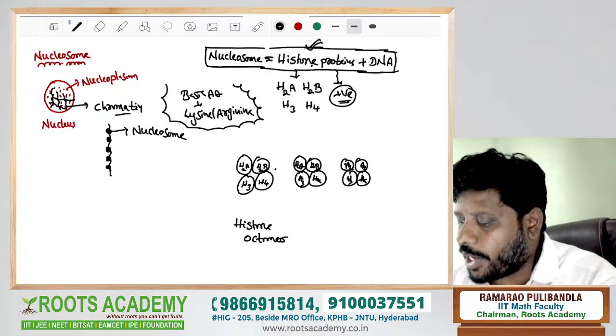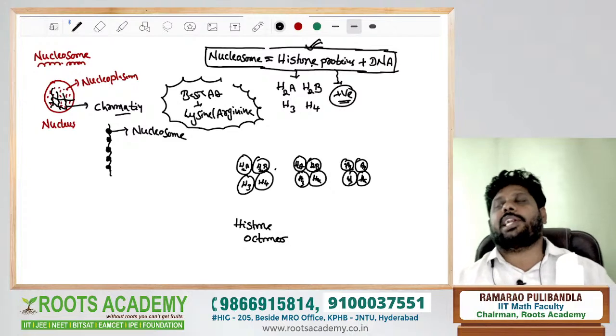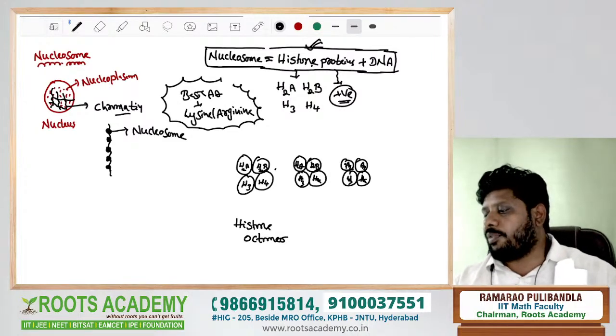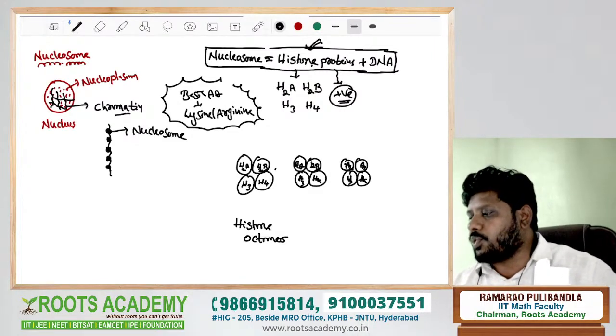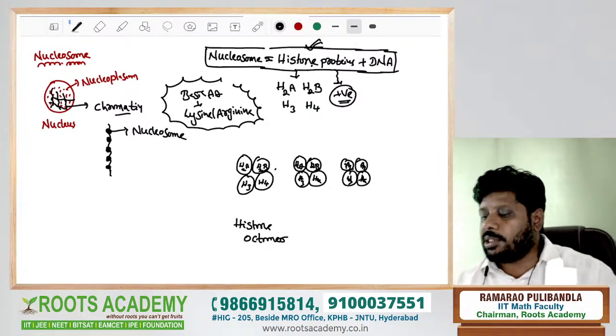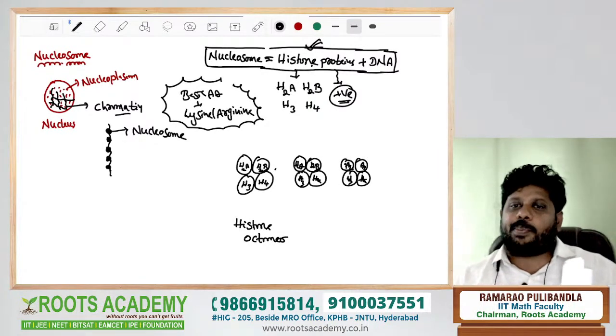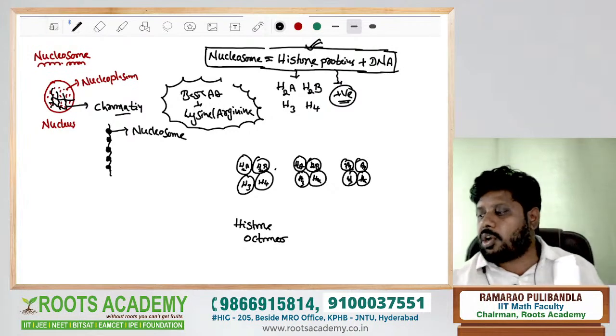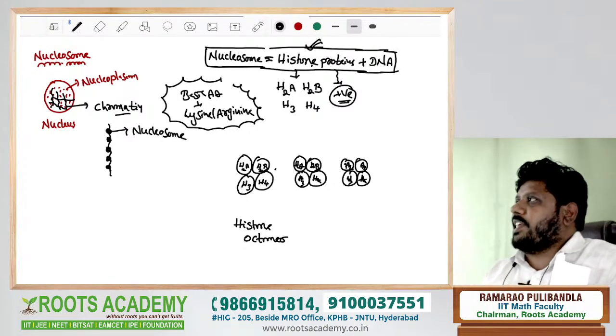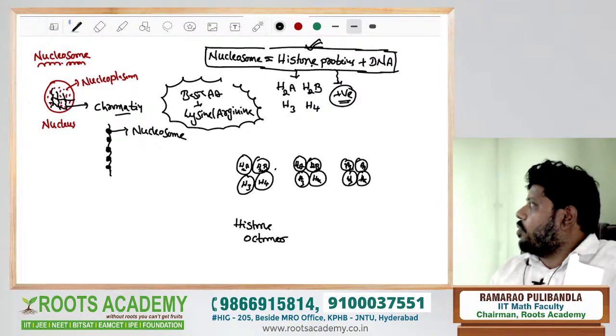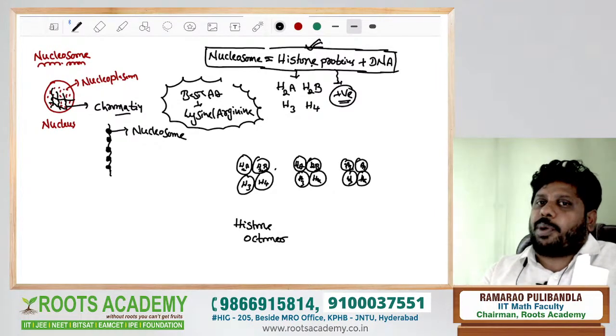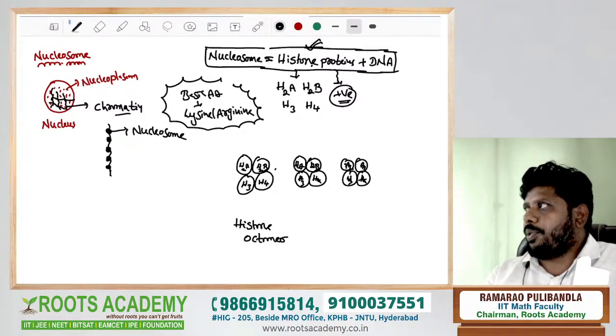Generally histone proteins are present in which charge? Positive charge. Why? Because of the basic amino acids lysine and arginine. Since lysine and arginine are abundant, they develop the positive charge on the histone protein.